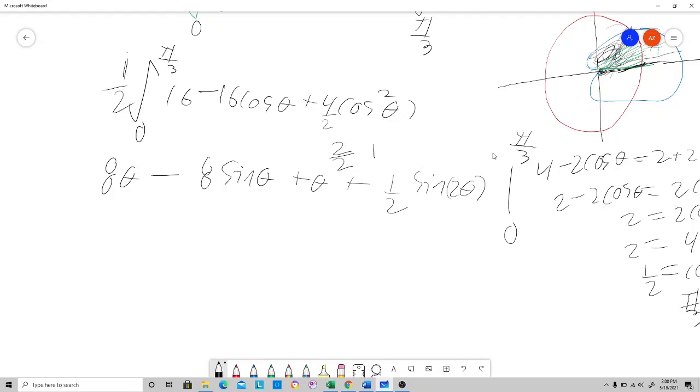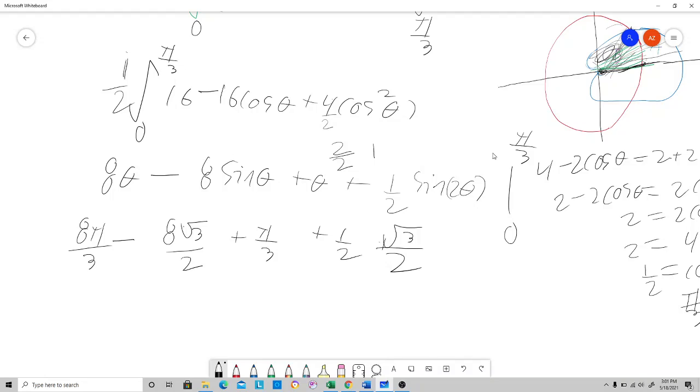So it'll be 8 pi over 3 minus 8 square root of 3 over 2 plus pi over 3 plus 1/2, and then this would still be square root of 3 over 2.